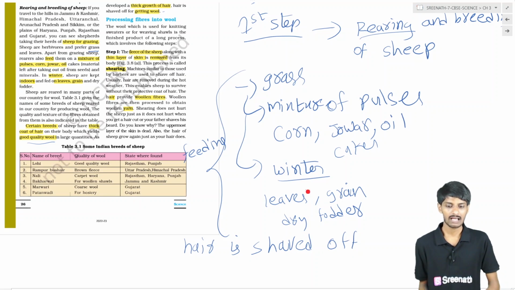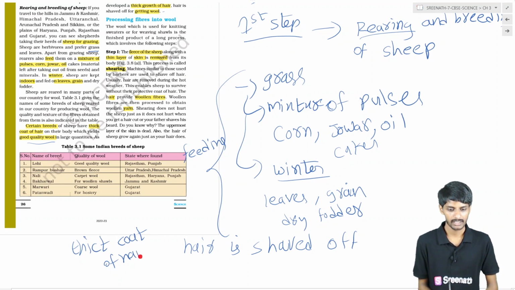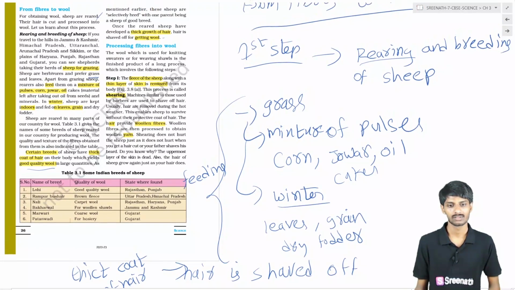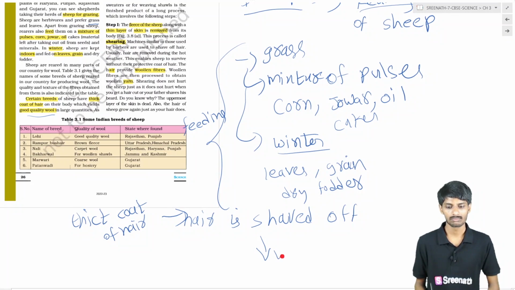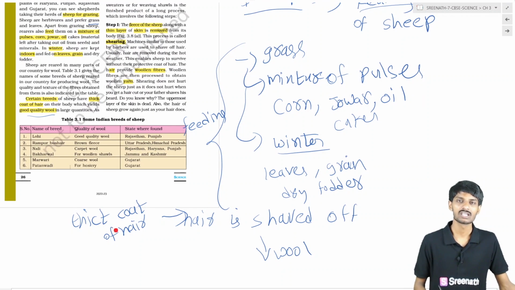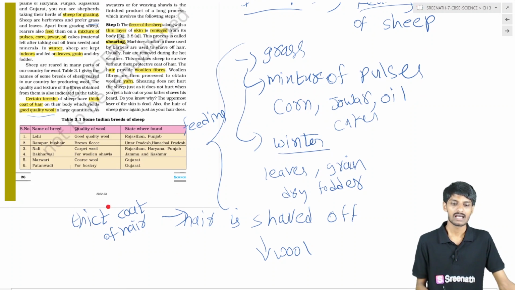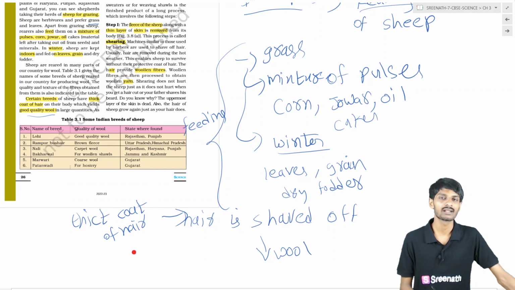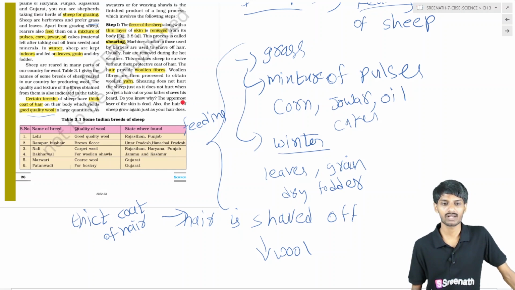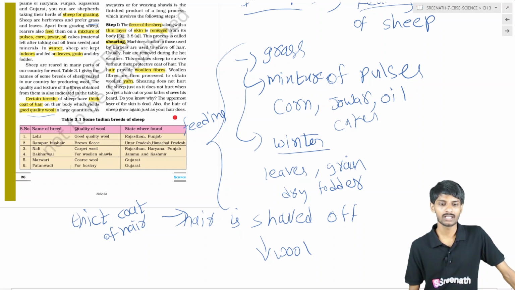After feeding we get a thick coat of hair, and that hair is shaved off to get wool. Okay students, first they feed, after that it grows and develops, a thick coat of hair is observed, and after that the hair is shaved off for making wool.